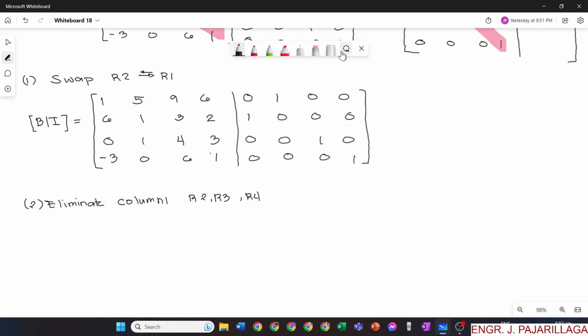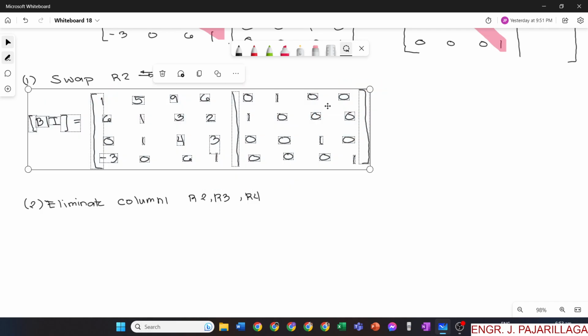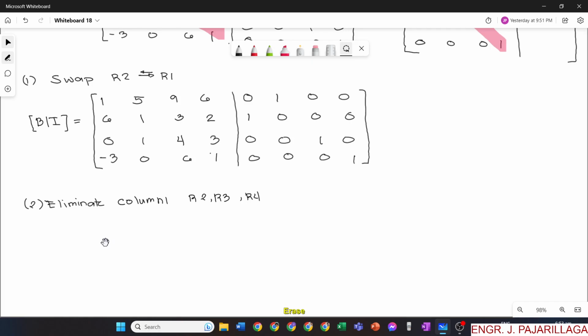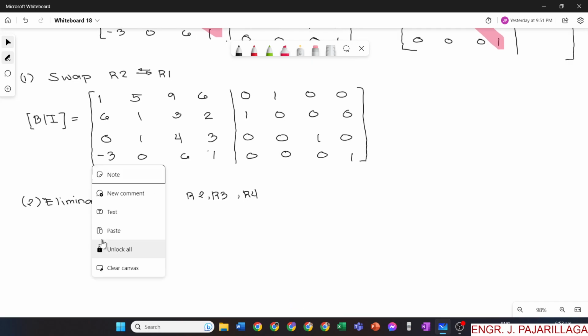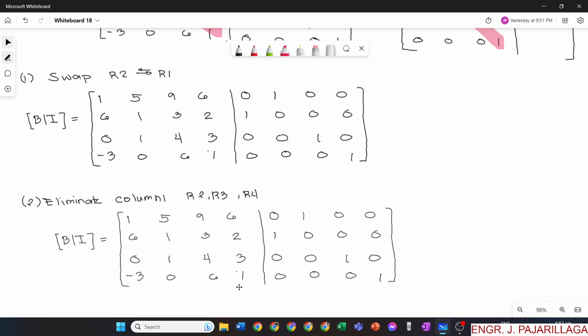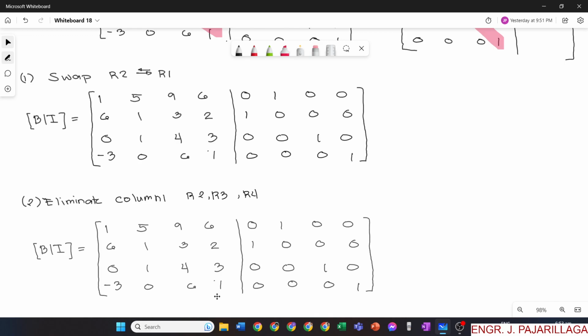Again, sa paraan ng pag-i-eliminate kasi, dito pumapasok yung ating diskarte, yung ating analytical thinking skills. Okay? So, dito papasok yung diskarte natin to solve this problem.